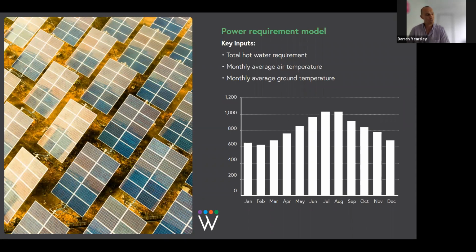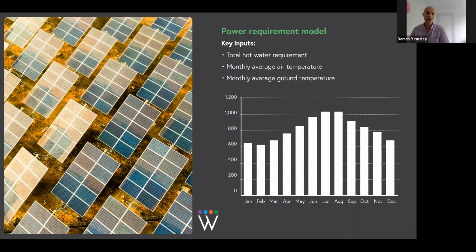The reason average air temperature is required is that the COP of the heat pump, the efficiency of the heat pump, is related to the temperature of the air it's using to harvest the energy from. If you're in an environment which is really cold, the COP is lower. If you're in an environment where it's mild and warm, the COP is higher.